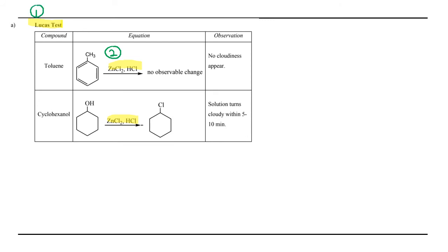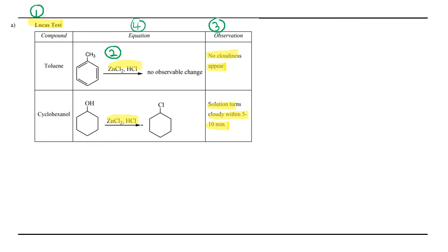Second is the reagent, and the third one is the observation. Here you have to mention for toluene, no cloudiness appears. And for cyclohexanol, it is secondary, so the solution will turn cloudy after 5 to 10 minutes. The fourth one is we need to give the equation.